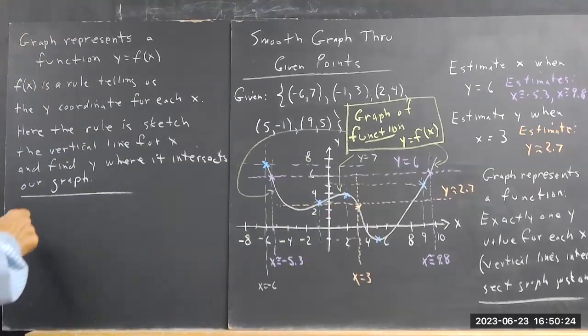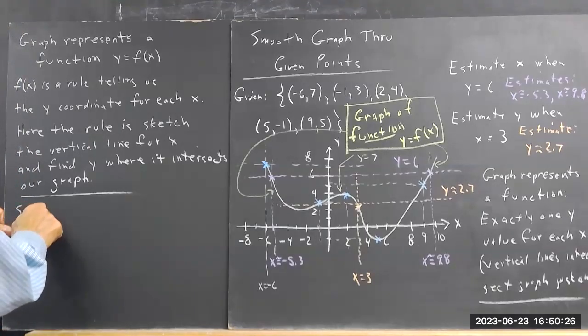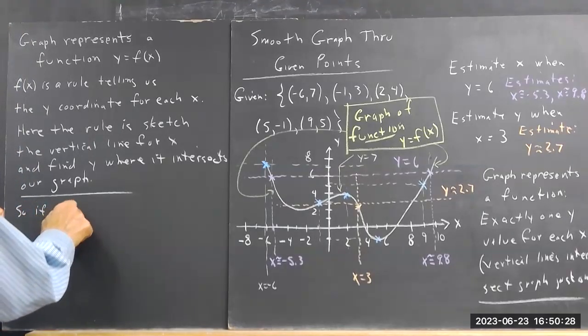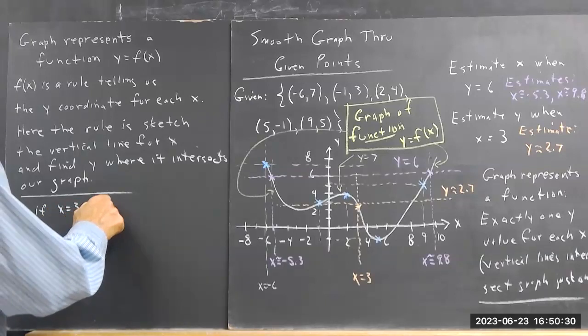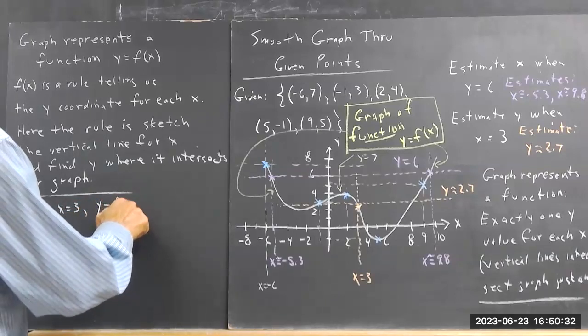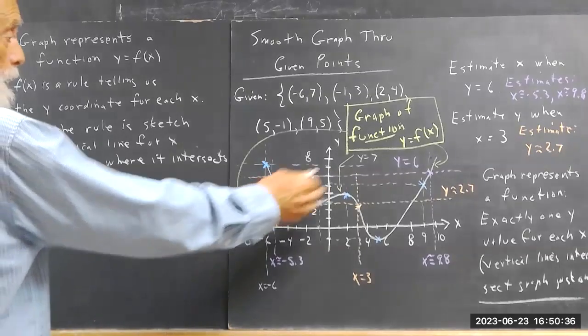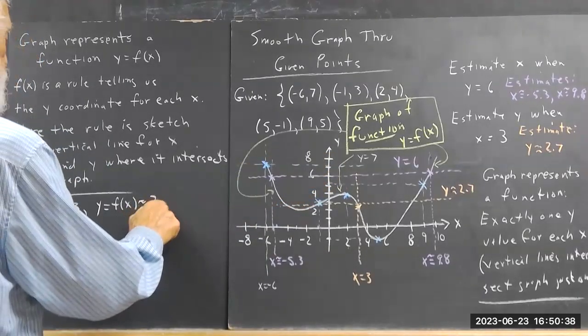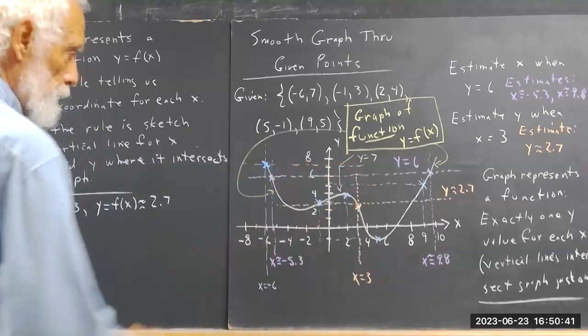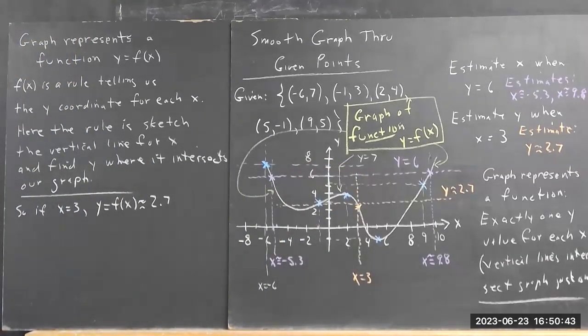So if x equals 3, y equals f of x, which is then approximately, to my kind of bad approximation here, 2.7 as we estimated previously.